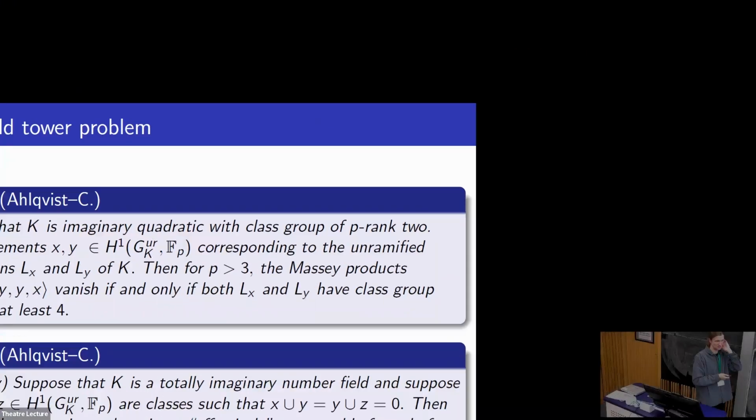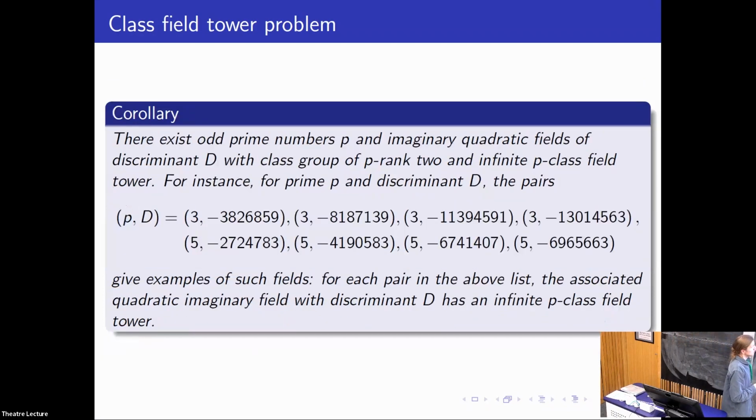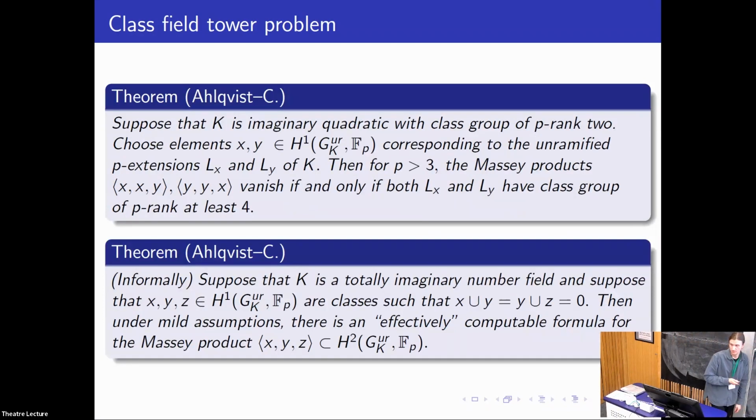By effectively, you can put it into a computer, but it is not something you would ever be able to compute by hand in general. That formula involves explicitly solving a lot of norm equations.